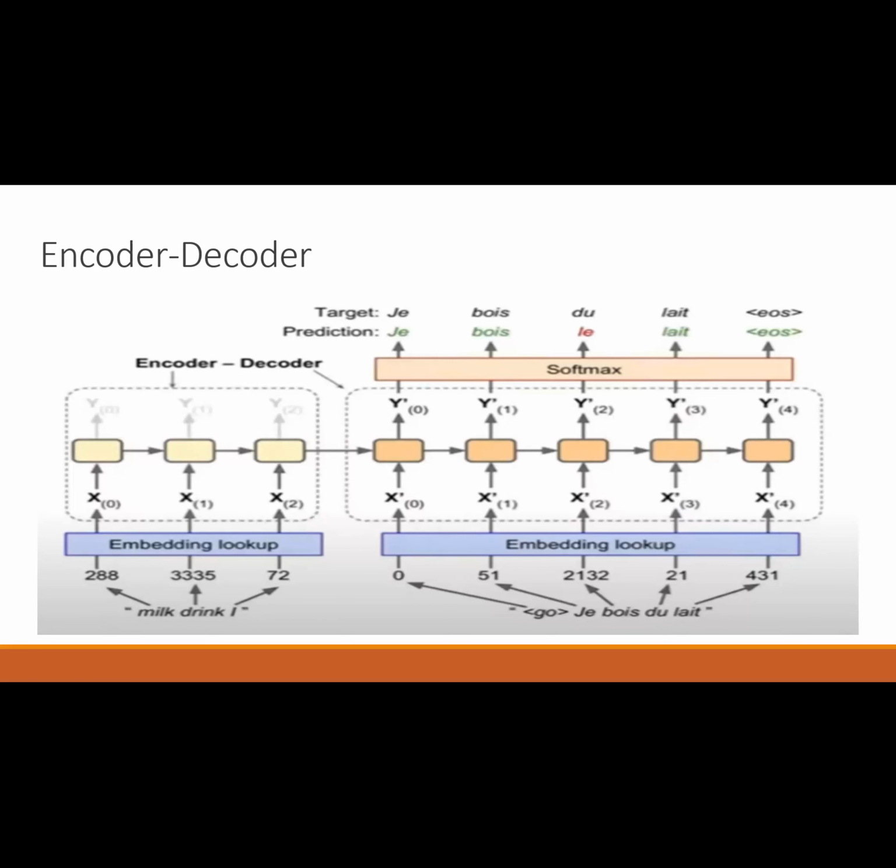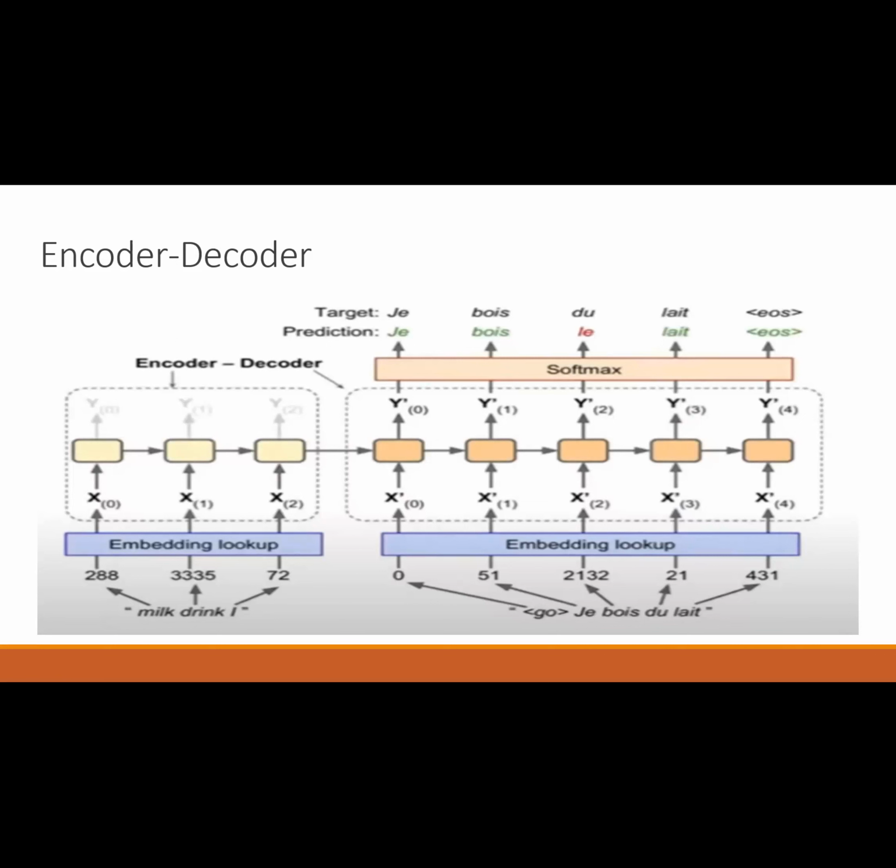Then it is passed into the next layer in order to translate them. That is the embedding lookup model. Here the corresponding words are translated into the concerned language. Then it will identify which word is to be positioned next. That is applied with the help of the sequence model.